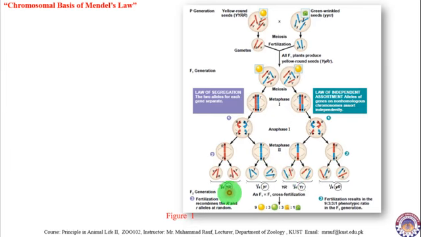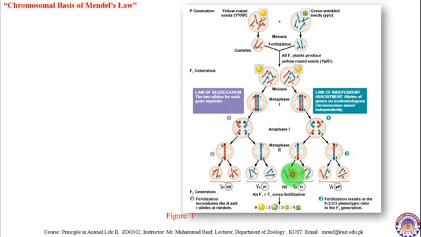You can see here those gametes have dominant copies for both traits, those have recessive copies for both traits, and those are heterozygous. One copy is dominant, the other is recessive. So this is independent assortment, means the alleles determining different traits are assorted independently.